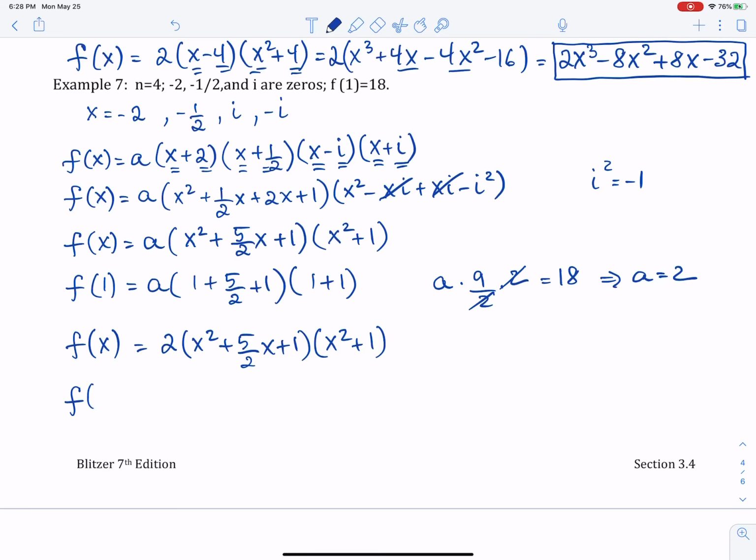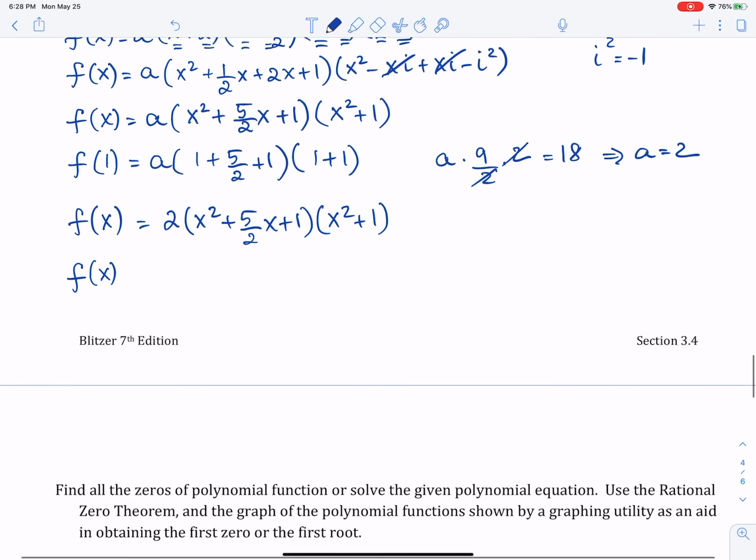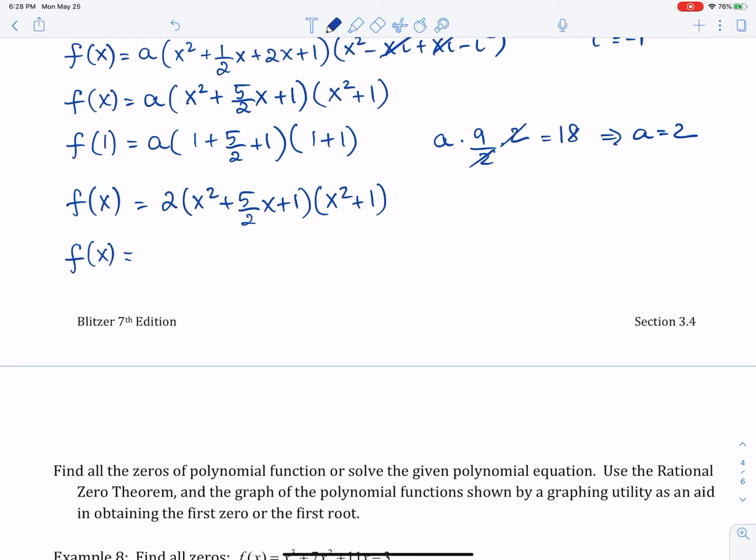Well, I'll have to continue multiplying to find the final solution. x squared times x squared is x to the 4th. x squared times 1 is x squared. 5/2 x times x squared is 5/2 x cubed. 5/2 x times 1 is 5/2 x. 1 times x squared is x squared, and 1 times 1 is 1.